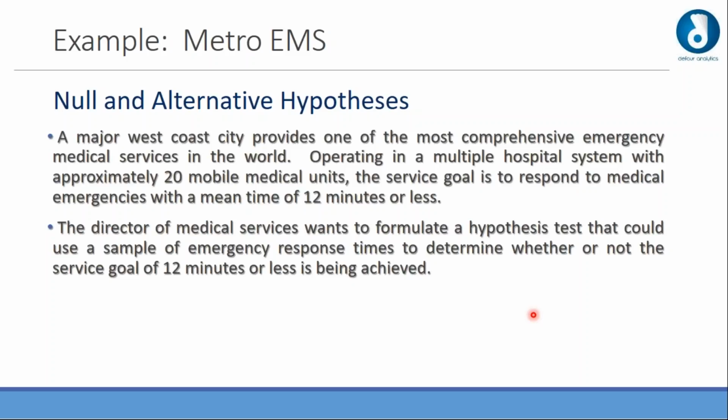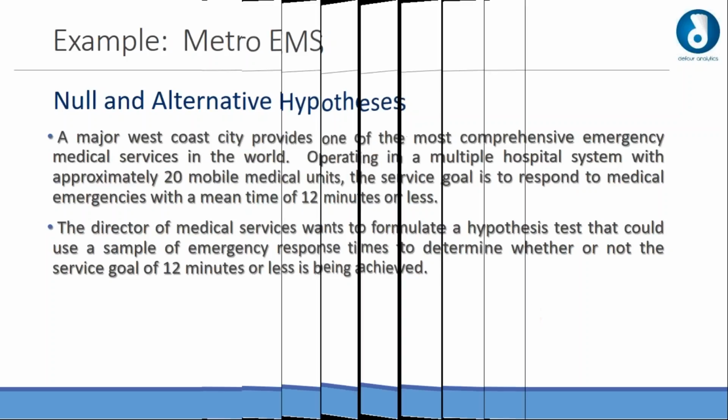They do not take more than 12 minutes. But now they need to prove it. So the director of medical services wants to formulate a hypothesis test that could use a sample of emergency response time. We cannot take all the population data, so here we have to take a sample where my service goal should be 12 minutes or less.